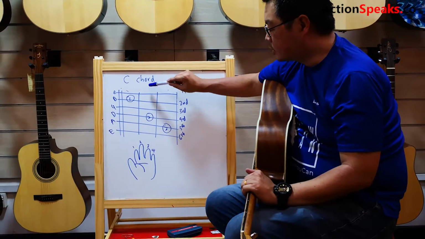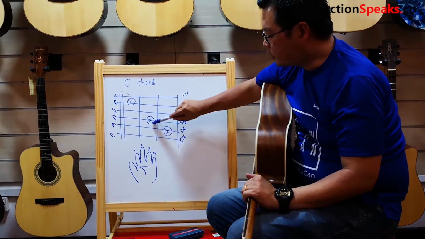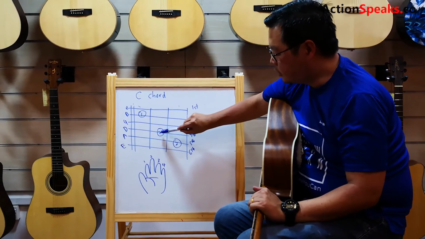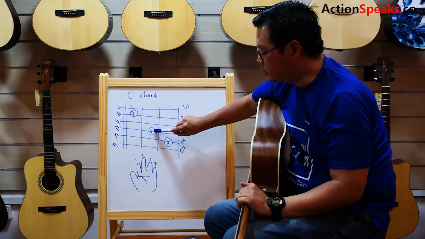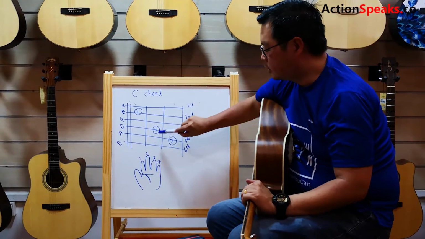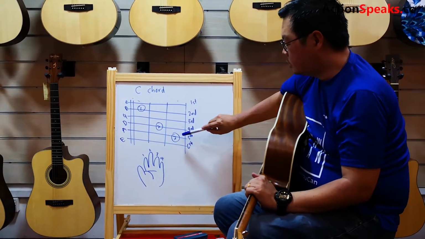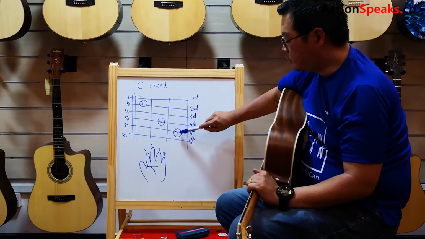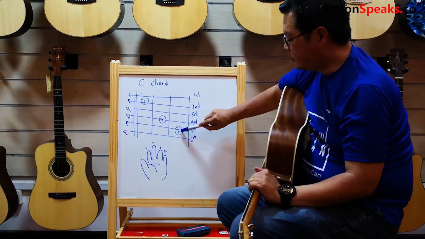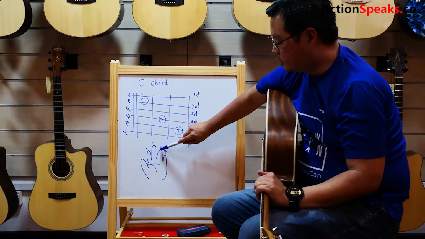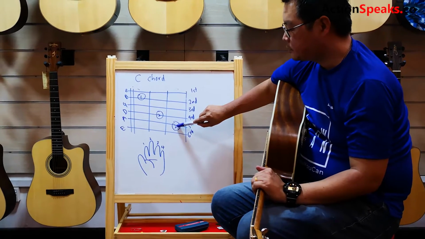And then on the second fret, 4th string, use your middle finger, which is the second, number 2 here. And then on the 3rd fret, 5th string is your 3rd finger.